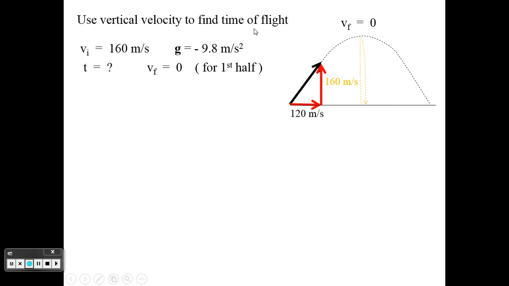Now, to find the time of flight, as in example number 6, we are going to consider an object projected straight up with an initial vertical velocity of 160 meters per second. We're going to consider the final velocity being 0 at the top, and then find the time for the first half. Once again, these quantities are related by v sub f equals v sub i plus gt.